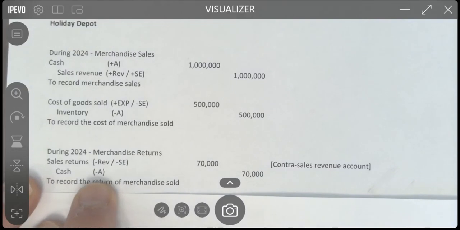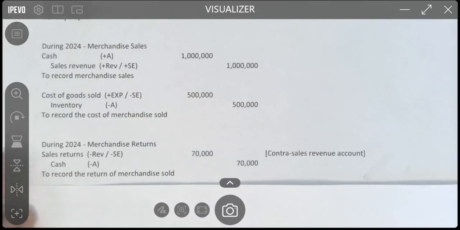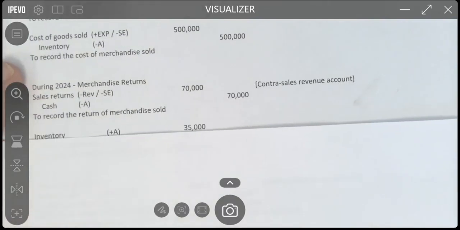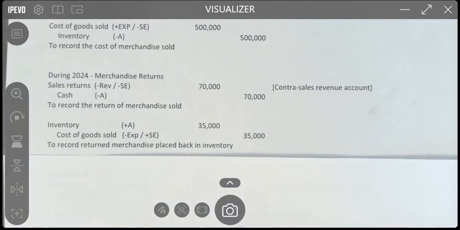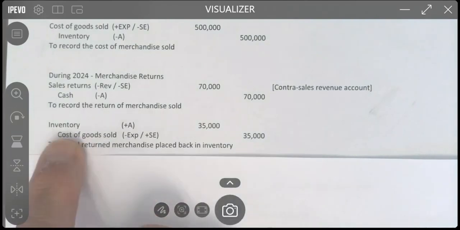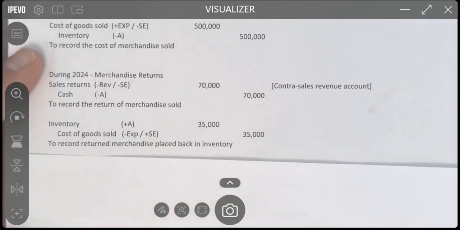And at that time, we returned their cash to them. Oh, and by the way, of course, we have to put those sales returns back into inventory. So we debit inventory and then zero out the cost of goods sold because those goods are no longer sold.